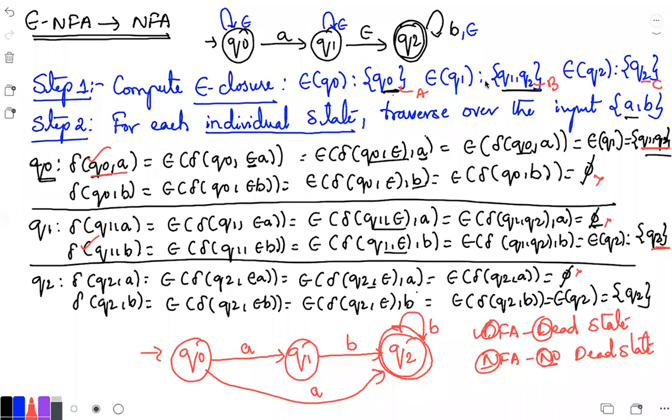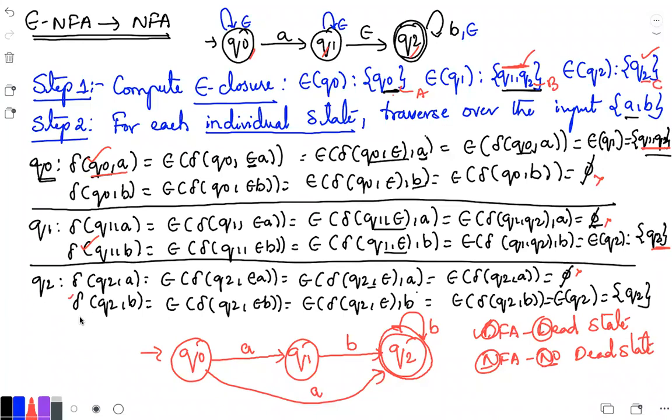In DFA conversion I merge them. So if the same problem is given for DFA conversion, then both Q1 and Q2 would have been my final states because of the occurrence of Q2. But here I'm not merging the states of the epsilon closure. The same original states Q0, Q1 and Q2 I have taken.